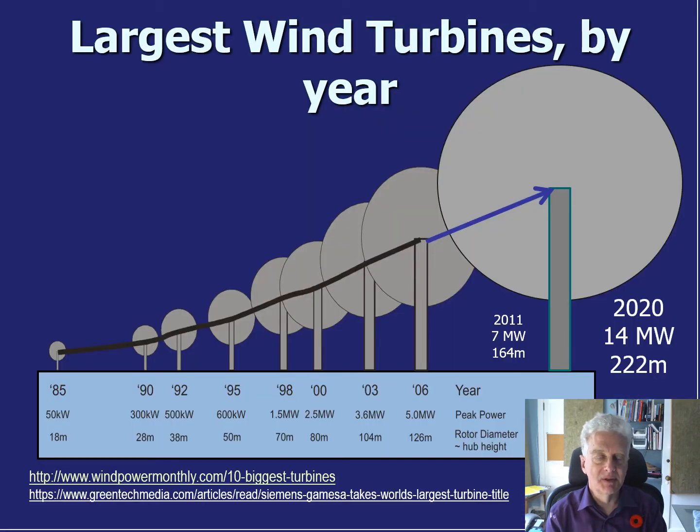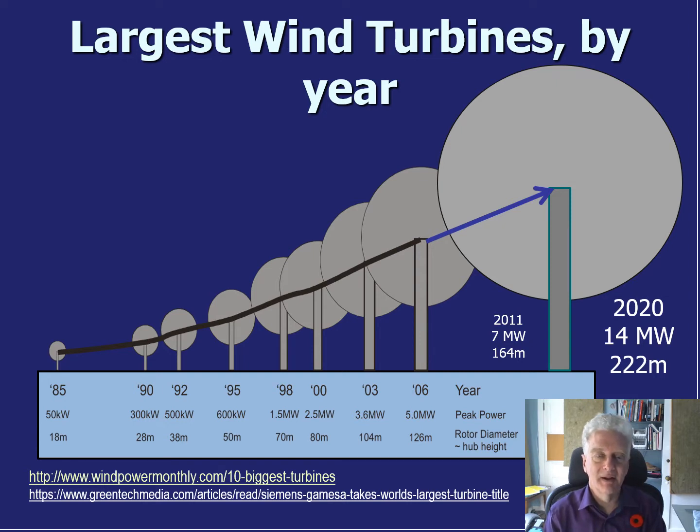So I've been giving this talk for Professor Karney for some years now, and looking back, I had this chart that covered the growth in the size of wind turbines up to the beginning of this decade. And I've had to add some new circles onto this diagram because wind turbines have continued to grow ever larger. So back in 2006, the largest model in the market was a 5 megawatt unit with a 126 meter rotor diameter.